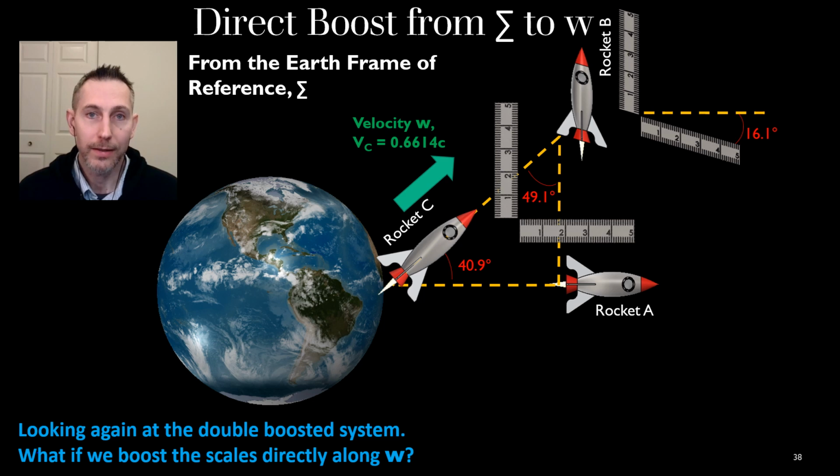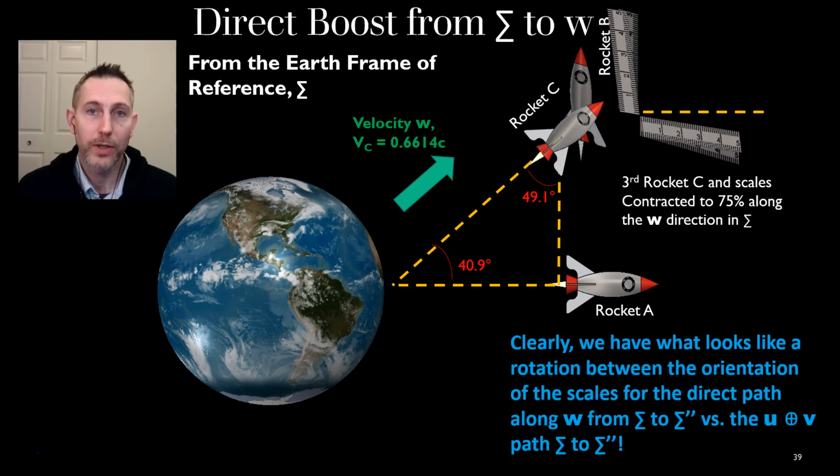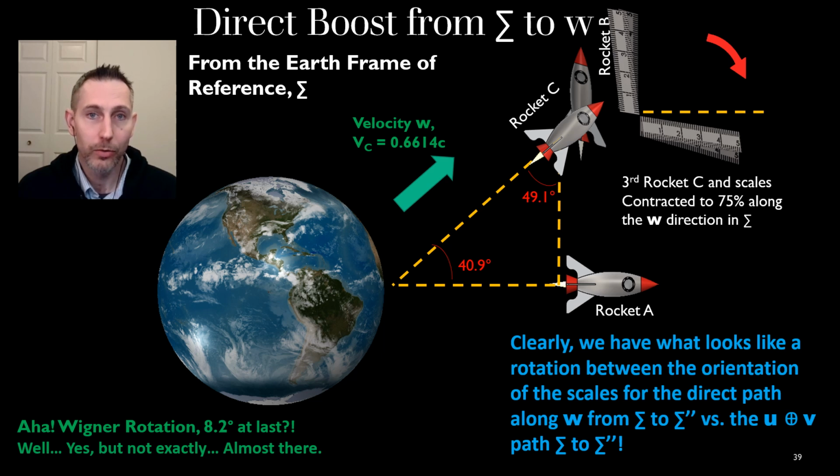This rocket C and its scales are length contracted to 75% along the vector W based on 66% C. Clearly, we have what looks like a rotation between the orientation of the scales of the direct path along W with rocket C versus the double-boosted U plus V path with rocket B. Aha! Wigner rotation at last. Not exactly, but we're almost there.